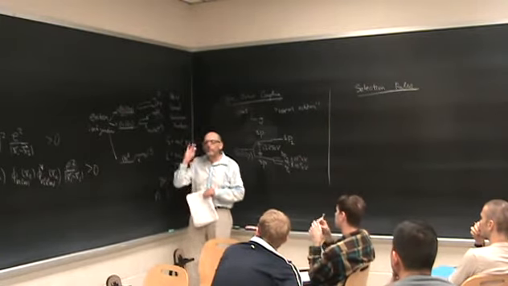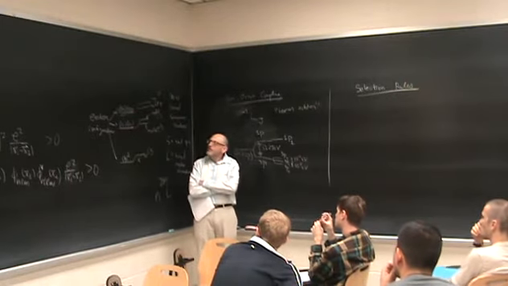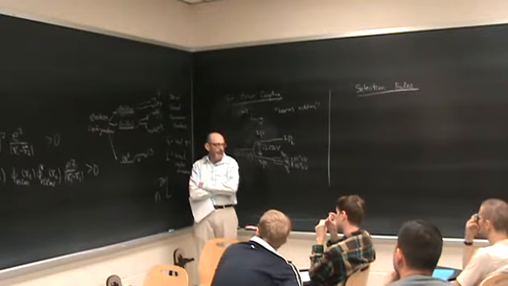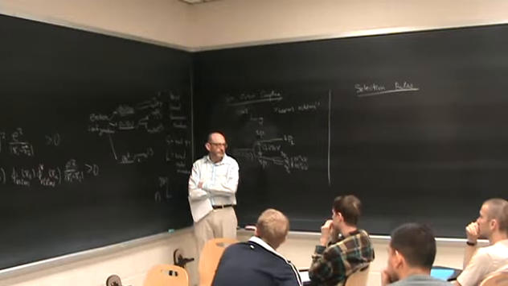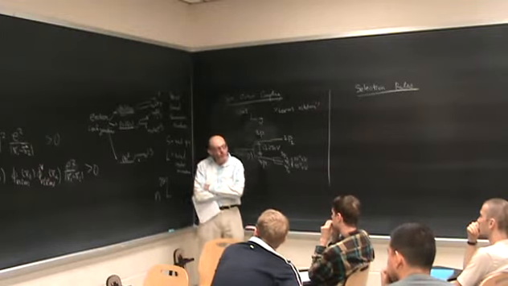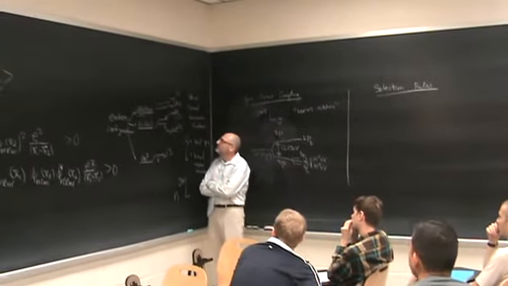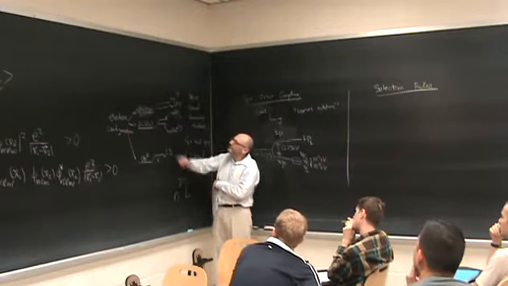So with that thought in mind, pretty much all the selection rules that we had before follow. But there's one important question, and that's the triplets and the singlets. Let's look at this.